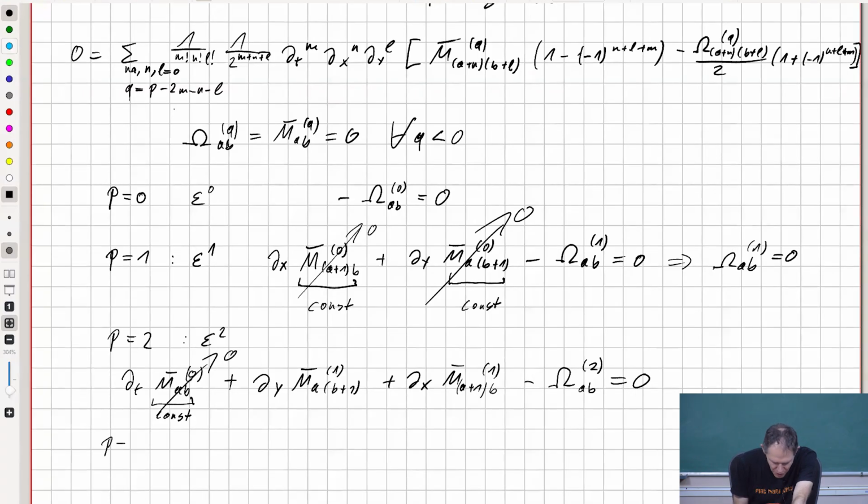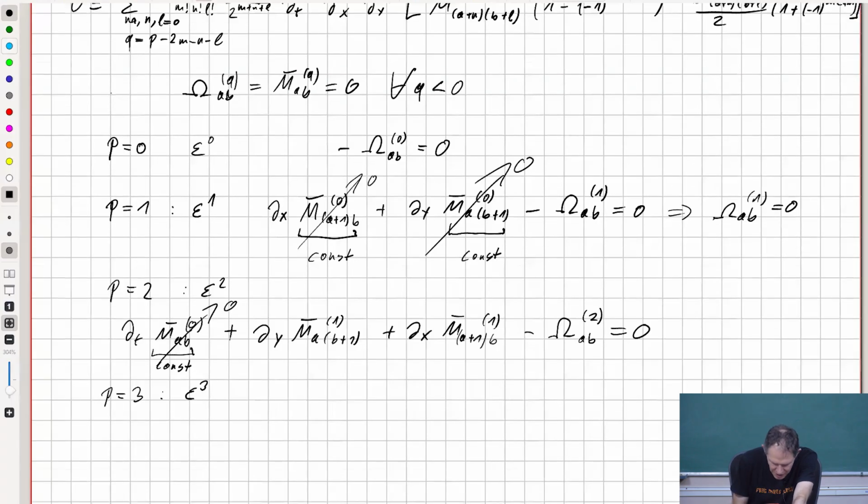So we still have to go on and say that p equals 3, meaning we are going to epsilon to the third order. And now comes here the first time dt MAB to the first order, which is not constant, right?